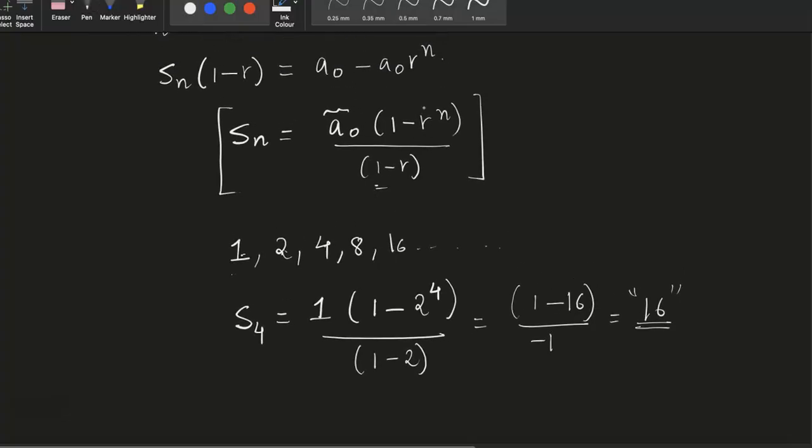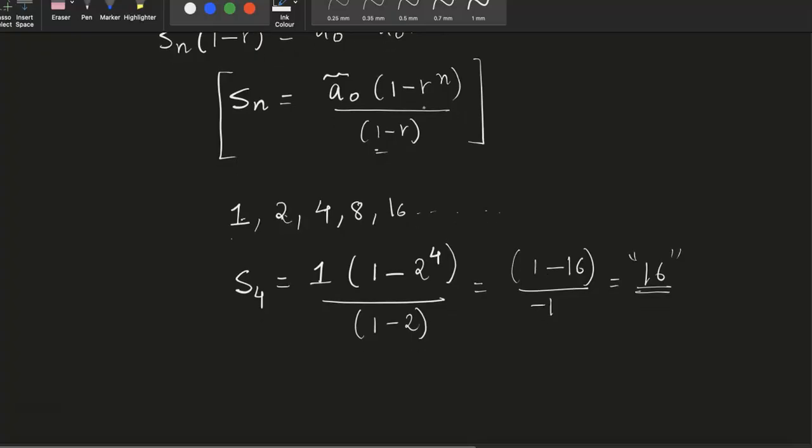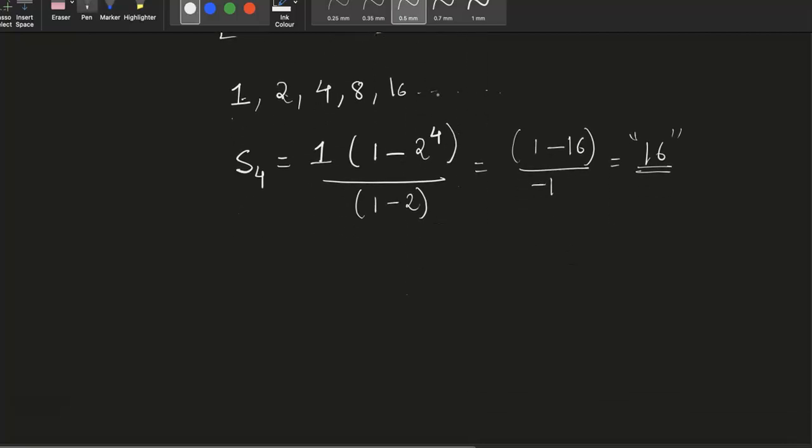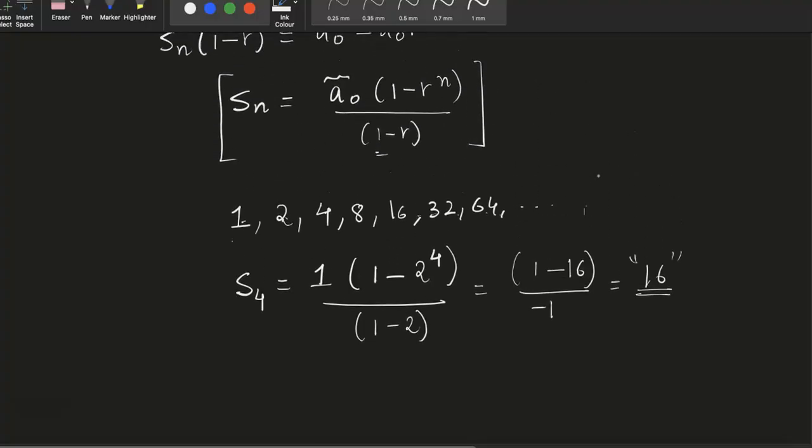Now the next thing is, can the geometric series converge or not? See, in this case, this sequence is increasing twofold. Each term is increasing twofold, and as n tends to infinity, obviously the terms in this sequence will go to infinity.